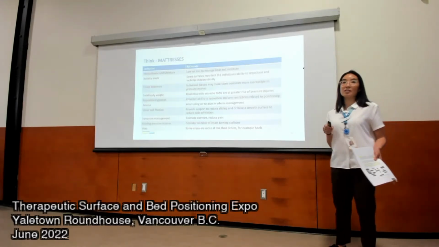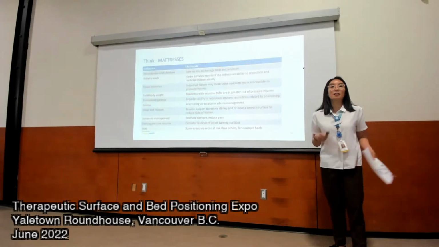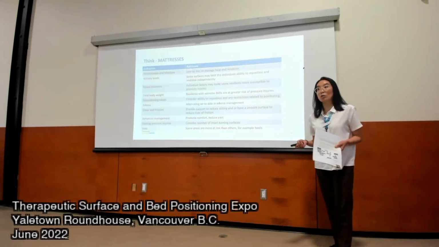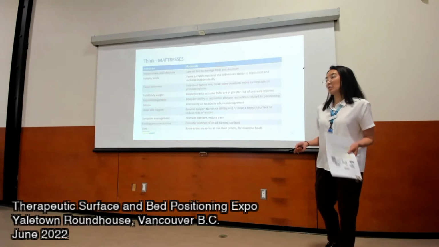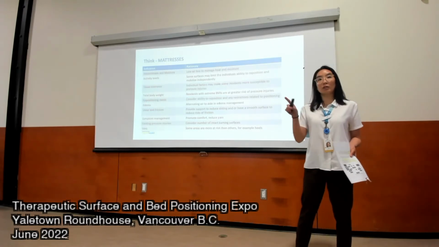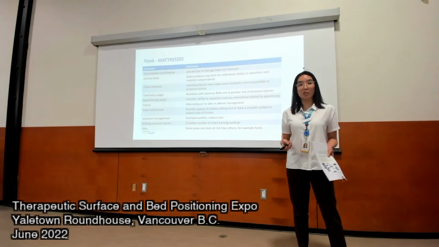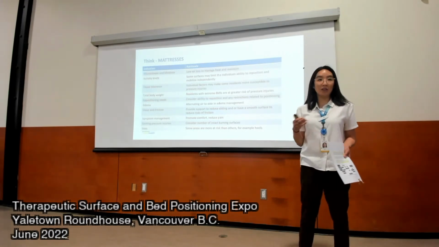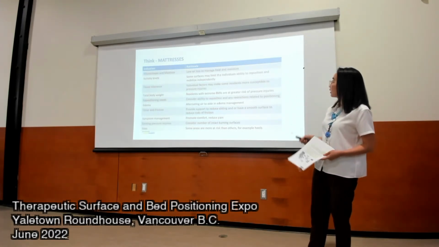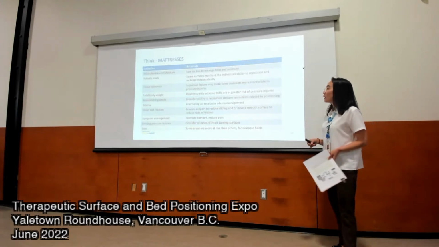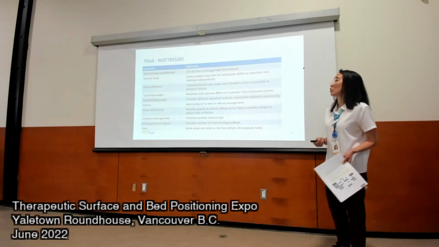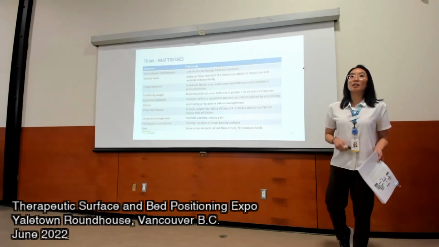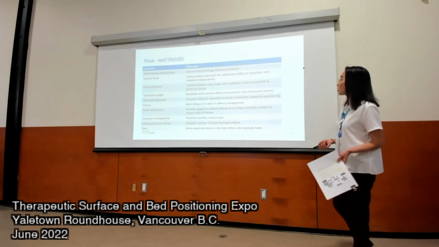You'll want to consider their activity level. Some surfaces might limit the individual's ability to reposition or transfer independently. Sometimes you might need a more rigid foam border on the edges to promote independent transfers, but the activity level obviously is something you want to consider. The tissue tolerance. So this might include things like circulation issues, edema, contractures, nutrition, those types of things.